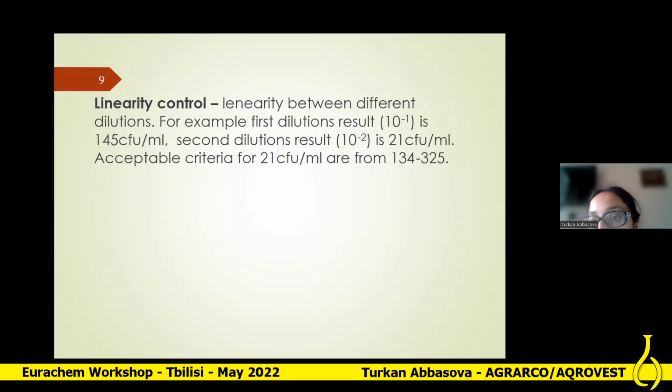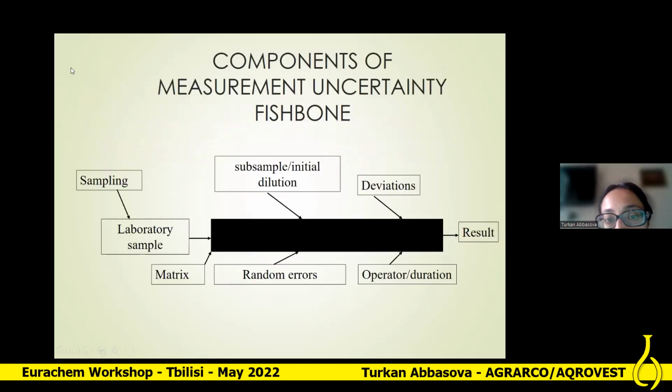For example, if you have in the decimal dilutions 134 or 325 colony forming units, in the second dilution you should find no more than 21, 20 to 30, no more than this colony forming units. It should demonstrate your right dilutions in a food.